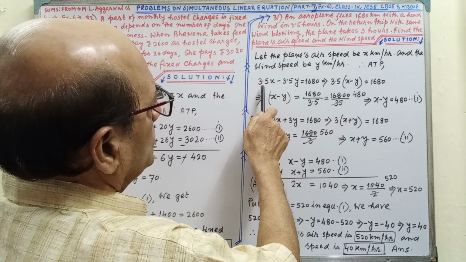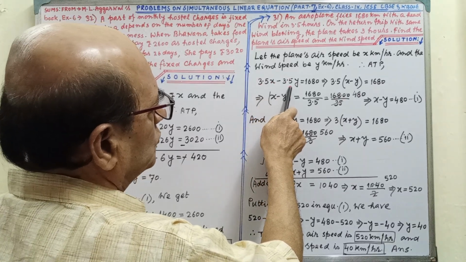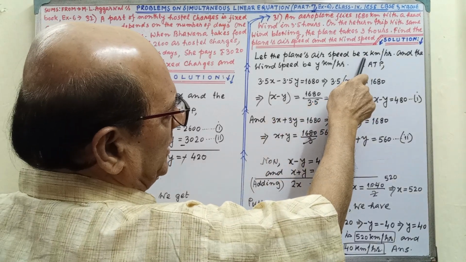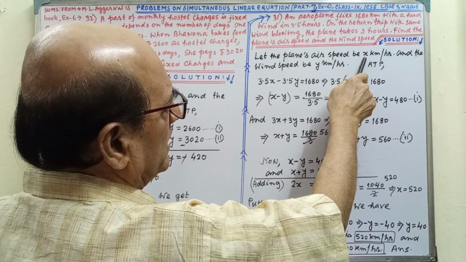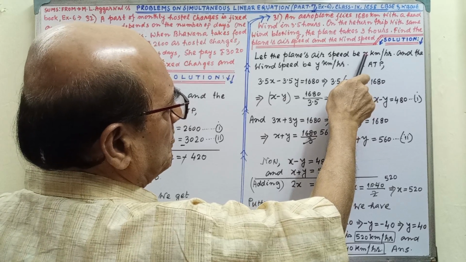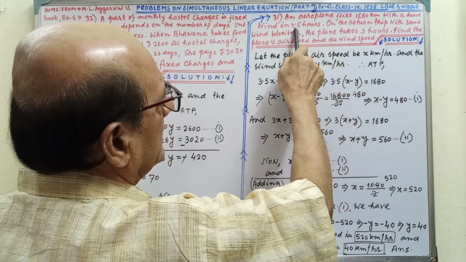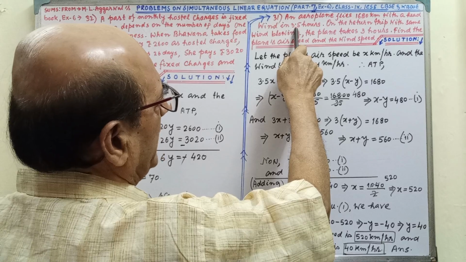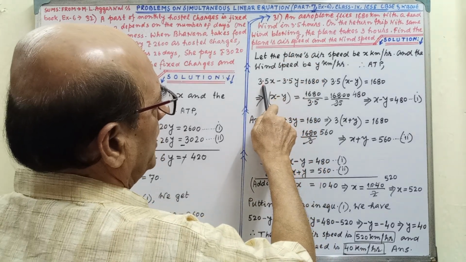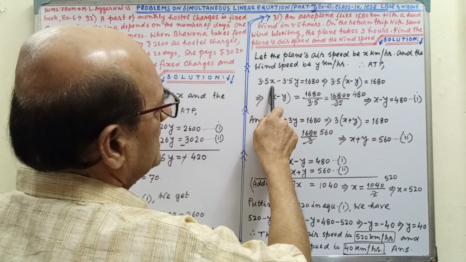Here 3.5x minus 3.5y: the speed in air is x km per hour, and it travels 3.5 hours, so in 3.5 hours it will go 3.5 into x.